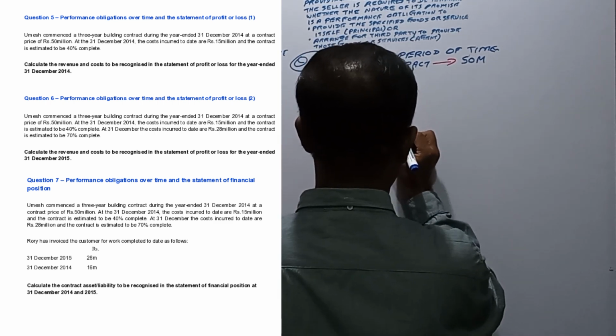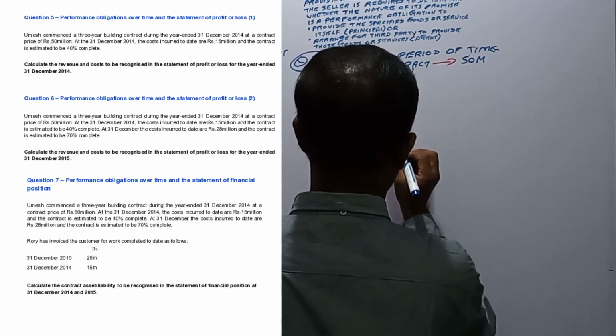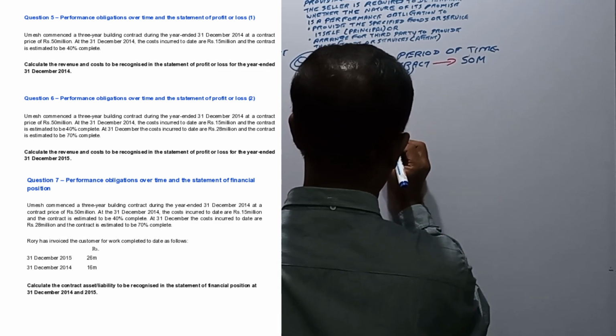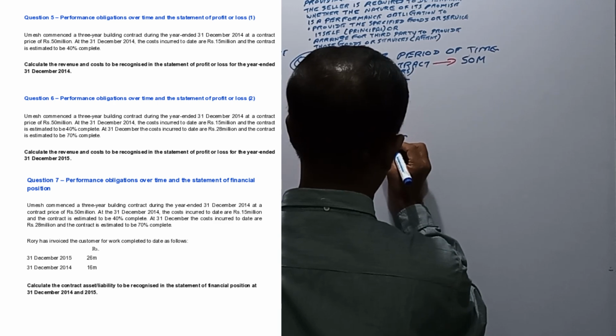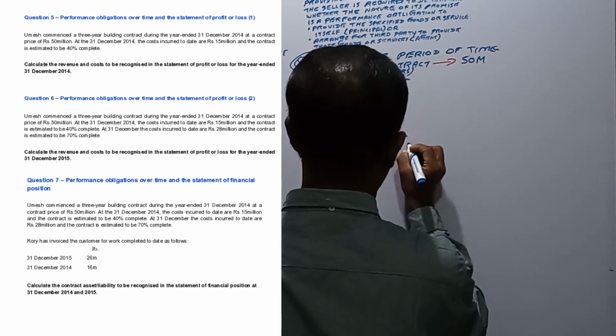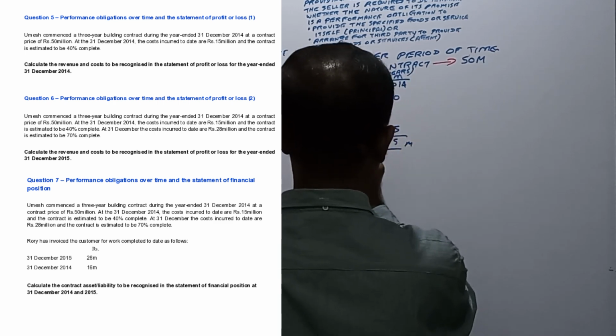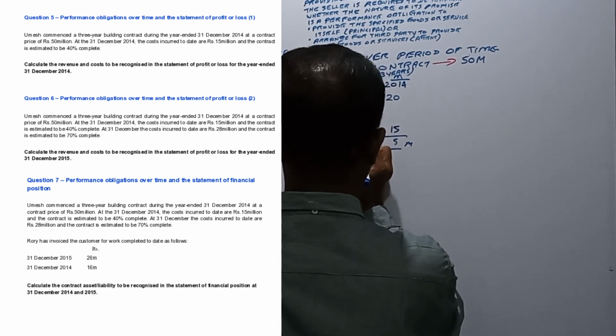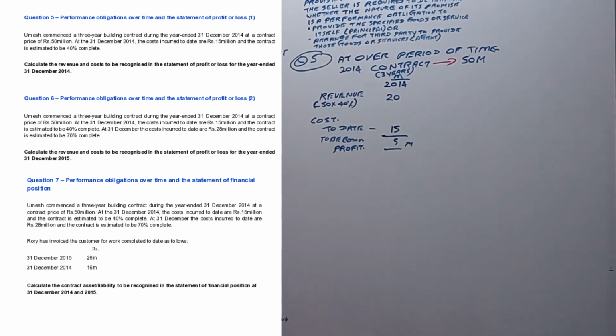Then this is how much? 5 million is the profit for 2014, right?